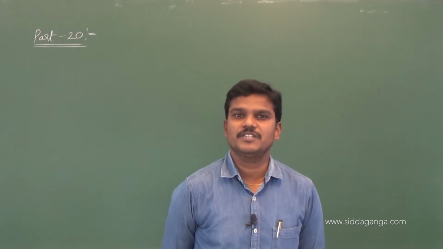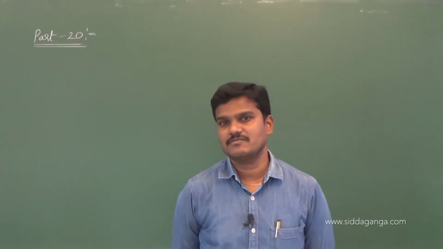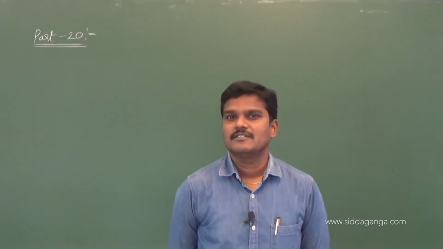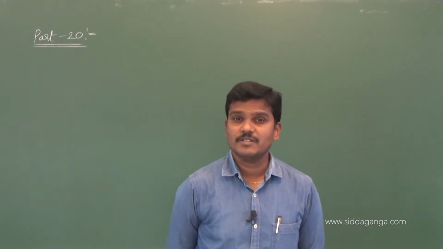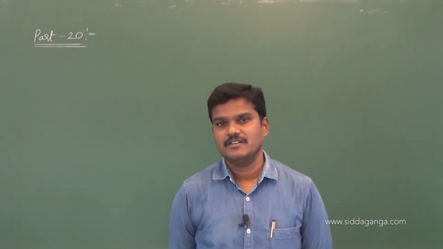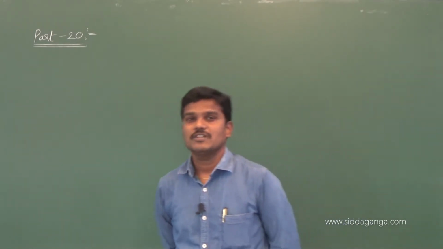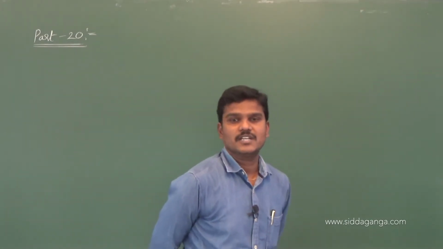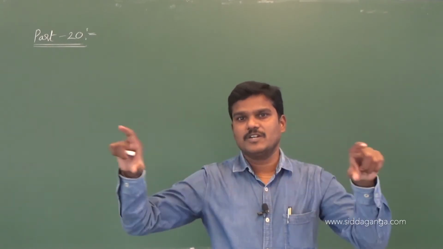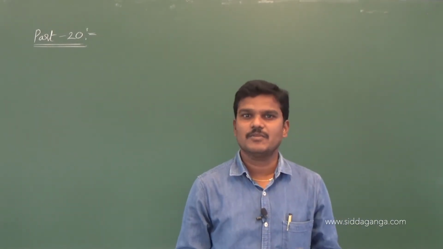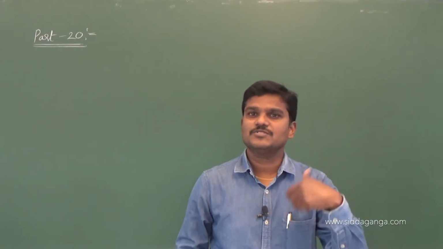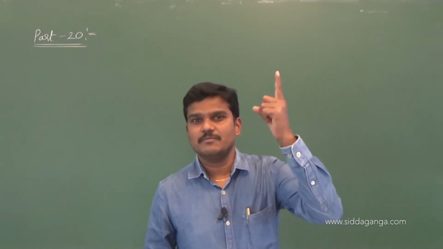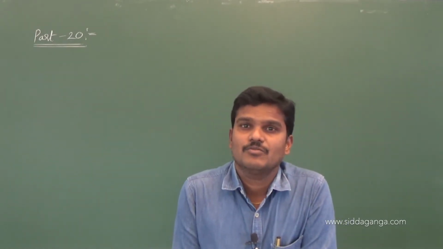And for a solid sphere we got 2 by 5 m r square. About a tangent, 2 by 5 m r square plus m r square, 7 by 5 m r square. And later we covered the solid cylinder. We divide the solid cylinder into two parts: one is a rectangular rod of length L, mass m, and the other is a circular disc. For a rod m L square by 12, for a disc about the diameter m r square by 4.